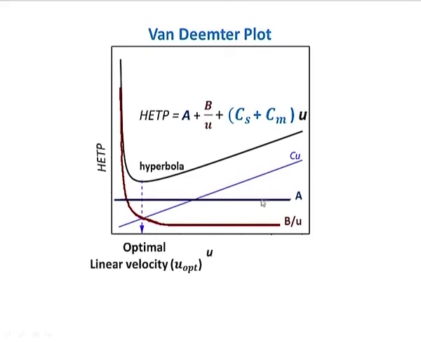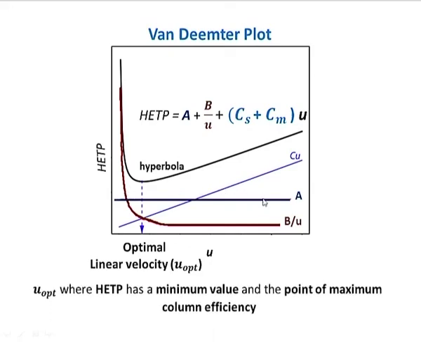If we combine all three, we get a graph of hyperbola shape, and the dip of this hyperbola, this point, corresponds to the optimal linear velocity. This is the velocity one would look at to get the least value of height equivalent to a theoretical plate, which would mean the most efficient column. So at this optimal linear velocity, u opt, HETP has a minimum value and it is the point of maximum column efficiency.